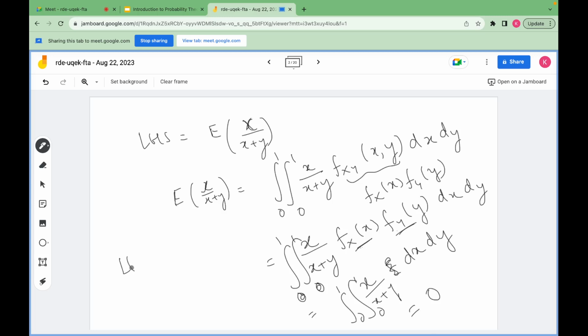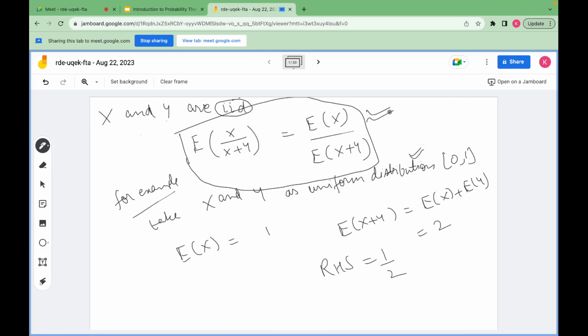So this LHS value is 0, but the RHS, we saw, was 1 by 2. So this is not true. This statement is not necessarily true for IID random variables.